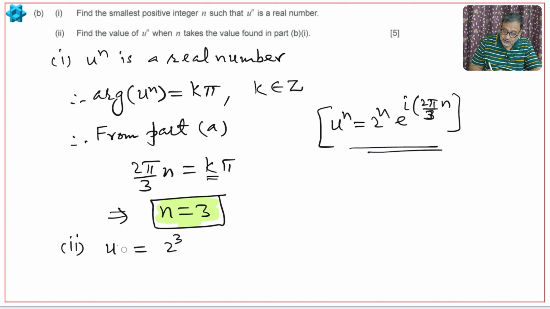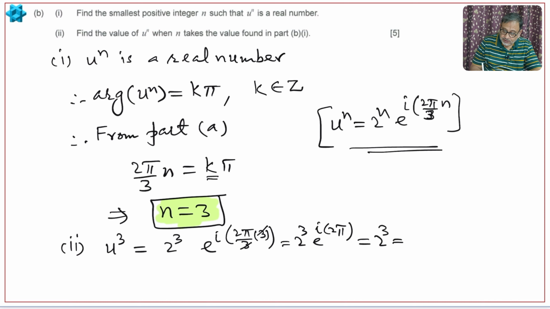So u to the power n will become 2 to the power 3, okay, n means 3 because n is 3, and e to the power i 2 pi by 3 into 3, n is 3, right? This 3 and 3 goes, 2 to the power 3 e raised to i into 2 pi. So this will be only 2 to the power 3 because e raised to i 2 pi will become 1.